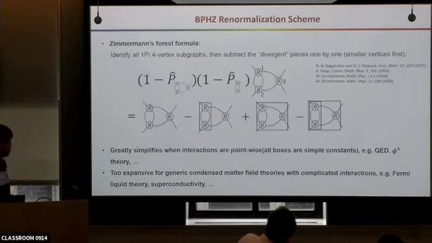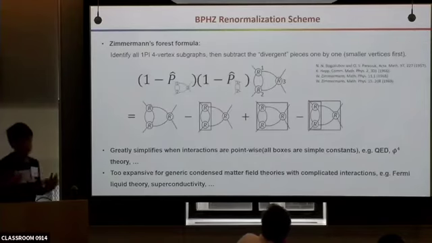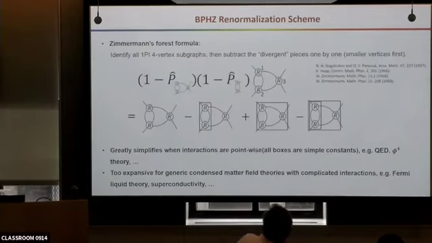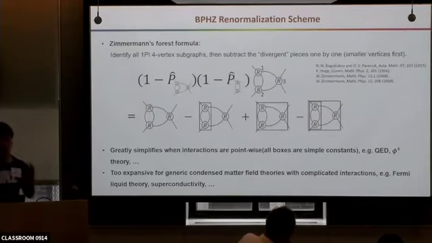Okay, so this insight basically leads to the BPHZ renormalization scheme. There is a very famous formula found by Zimmermann, and what it says is that for an arbitrary diagram, you can identify all 4-point vertex subdiagrams.